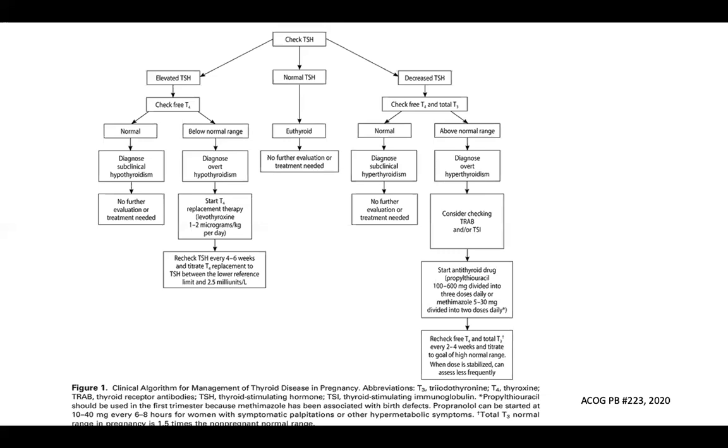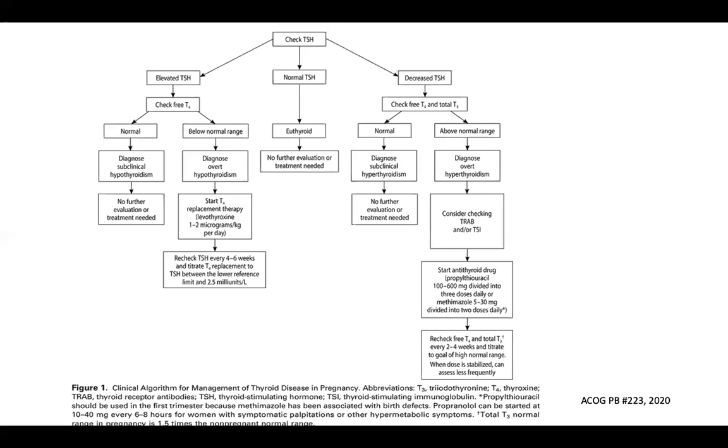If it's normal, they have subclinical hyperthyroidism, but if it is overtly elevated, above normal range, then they have hyperthyroidism. Once you make the diagnosis of hyperthyroidism, you can check the thyroid stimulating immunoglobulin and the thyroid receptor antibody. We call them TSI and TRAB.